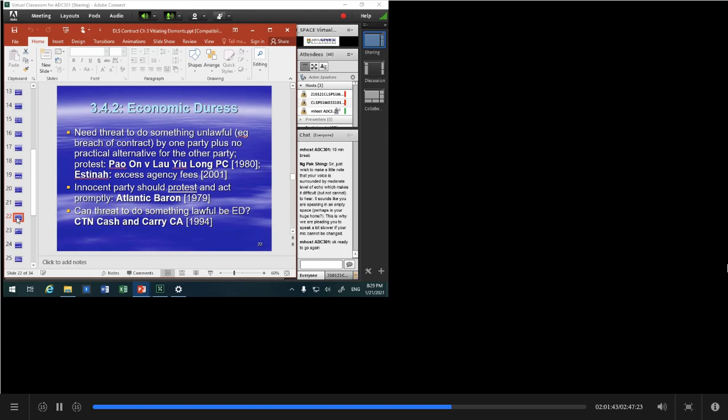And the issue might be, has there been any undue influence exerted by the husband or the stronger party on the weaker party, so that the weaker party enters into a contract with a third party, in other words, the bank.